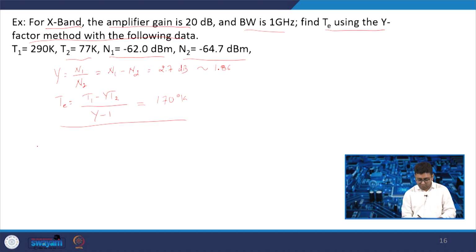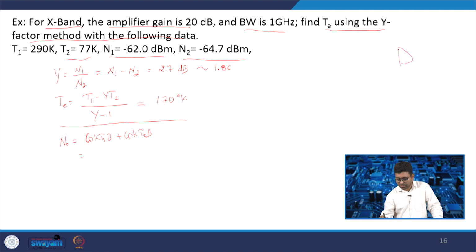If you want to find the noise output power for the same amplifier, what can be written is G k Ts B plus G k Te B. So in this example, I have a certain source temperature Ts; this is an amplifier, and one resistor Rs is connected and its source temperature is Ts.